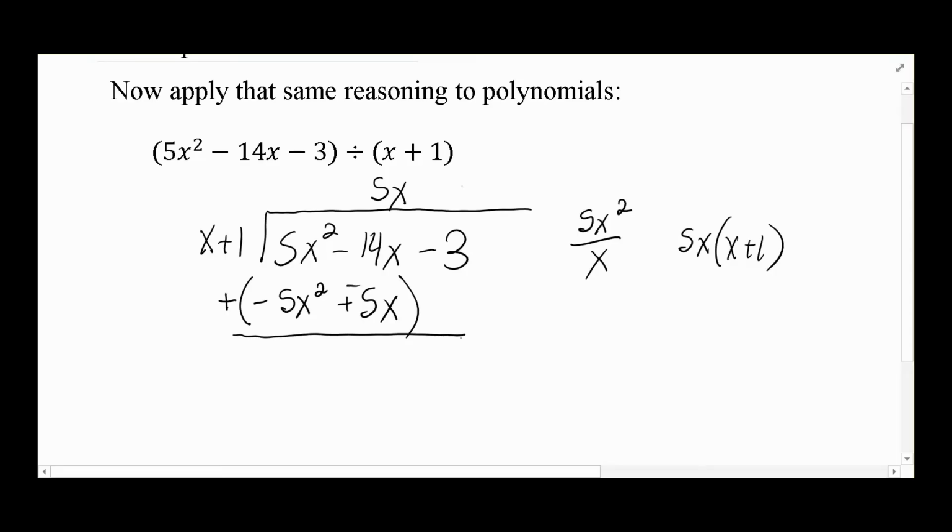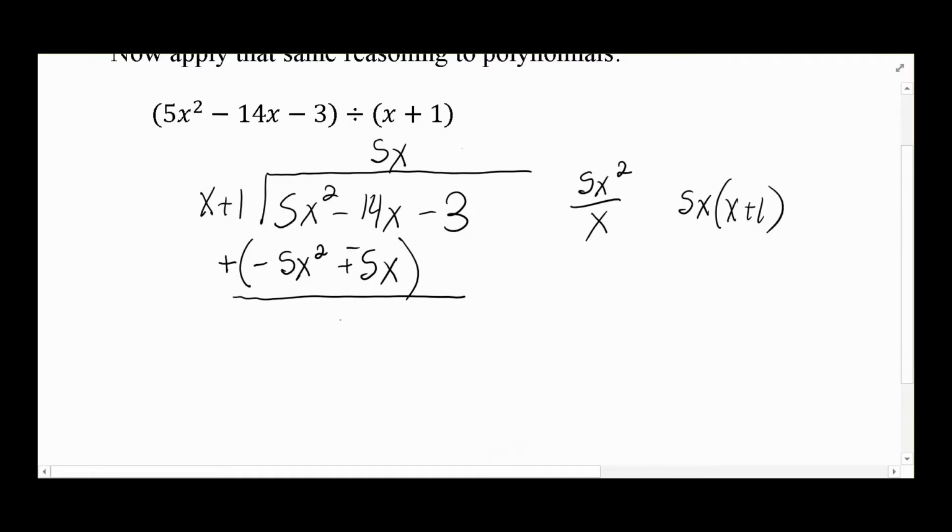That way when I do the subtraction, 5x squared minus 5x squared is 0, but now negative 14x and negative 5x makes negative 19x. Now we'll carry the negative 3 down, and that's one full step of long division of polynomials.